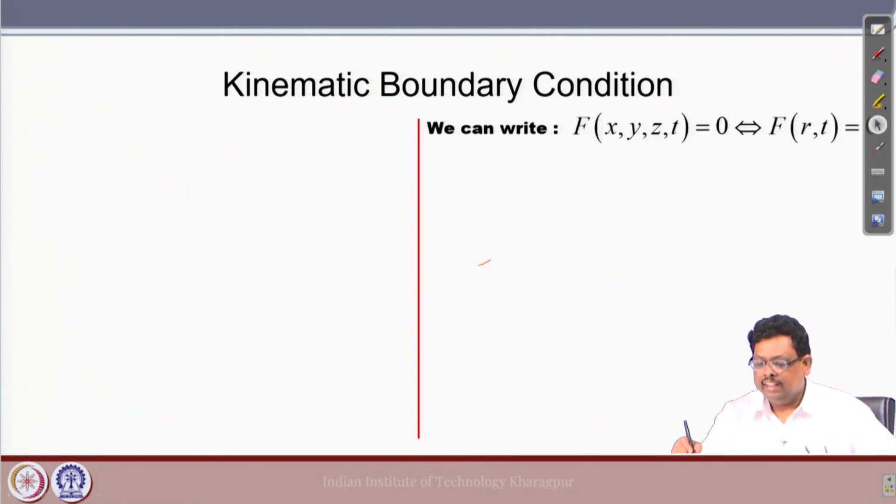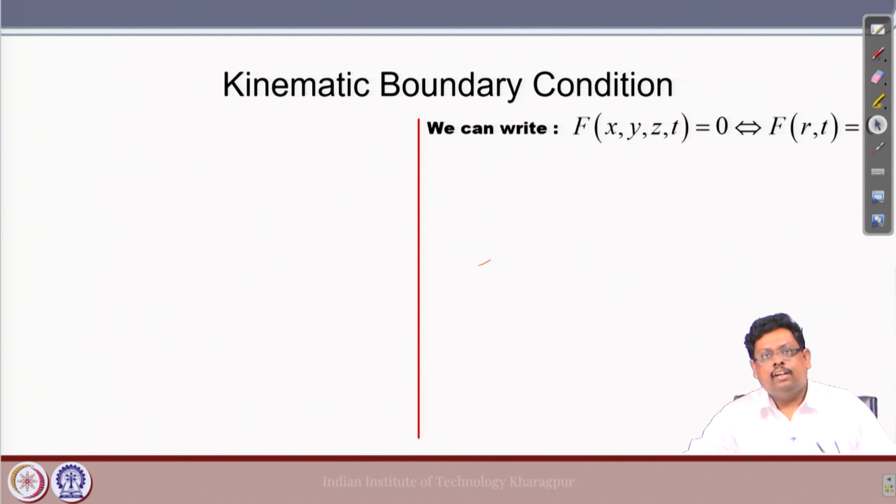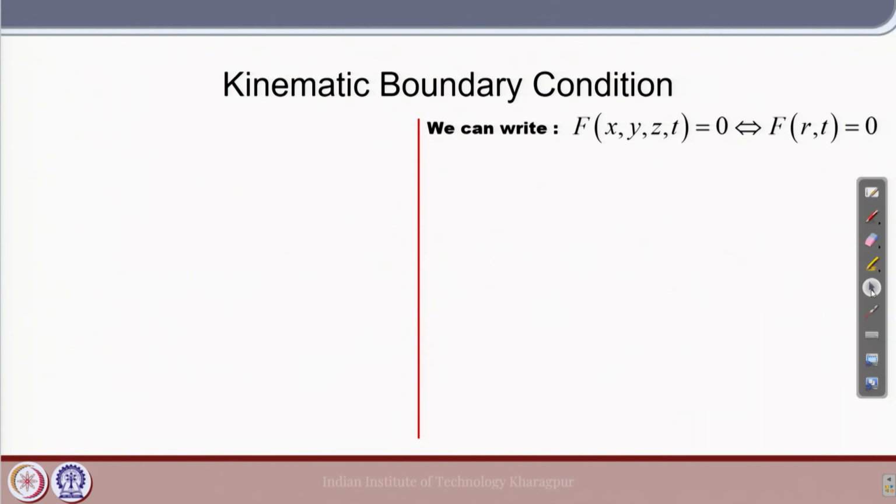Now, if this is clear, the remaining part is basically algebra. Before we try to solve this problem, let us do one more thing. We are writing f(x, y, z, t) = 0, or, to write it a little more smartly, x, y, z in terms of r.